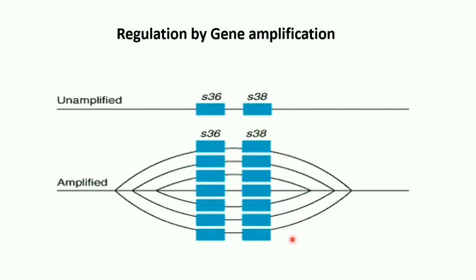And that's why methotrexate, which was being given, will now become ineffective, because the concentration of the dihydrofolate reductase enzyme has increased due to gene amplification. Okay, so this is how gene amplification leads to the development of drug resistance against methotrexate, the anti-cancer drug.